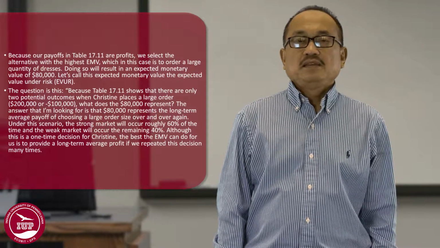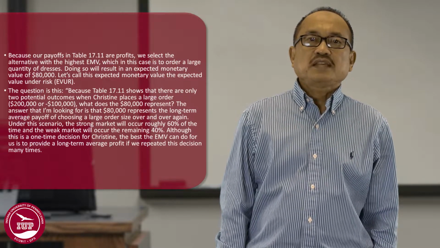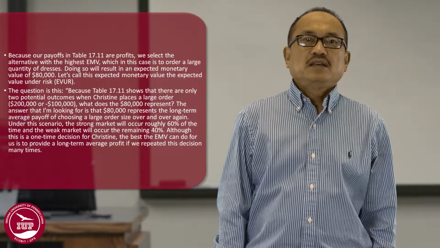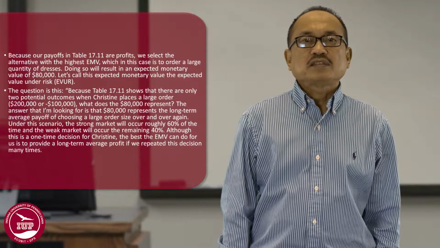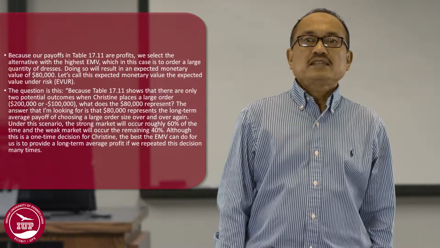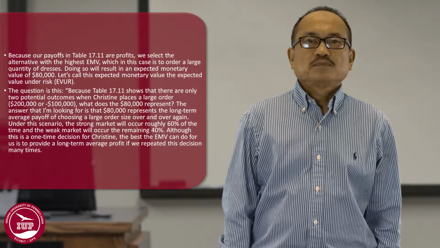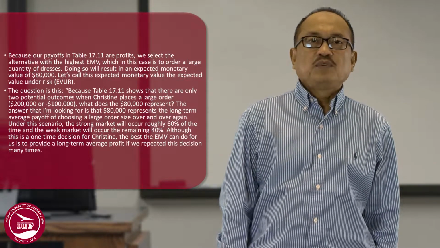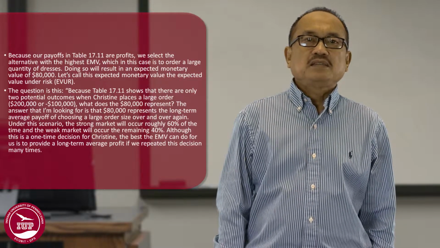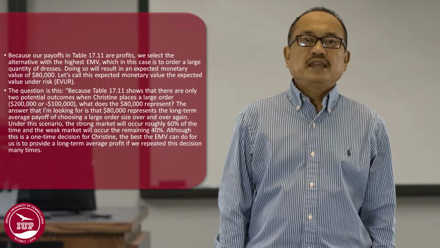The question is this: because table 17.11 shows that there are only two potential outcomes when Christine places a large order, between $200,000 or minus $100,000, what does the $80,000 represent? The answer is that the $80,000 represents the long-term average payoff of choosing a large order size over and over again.